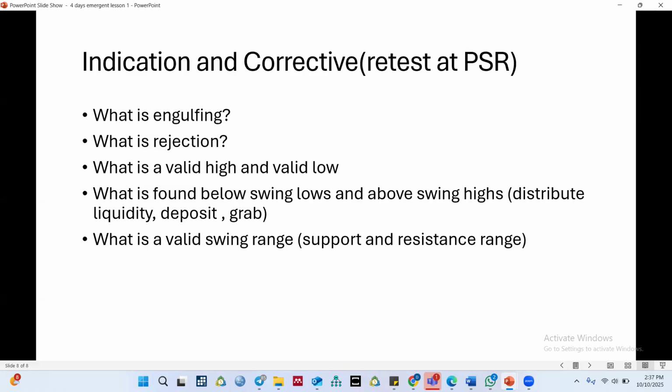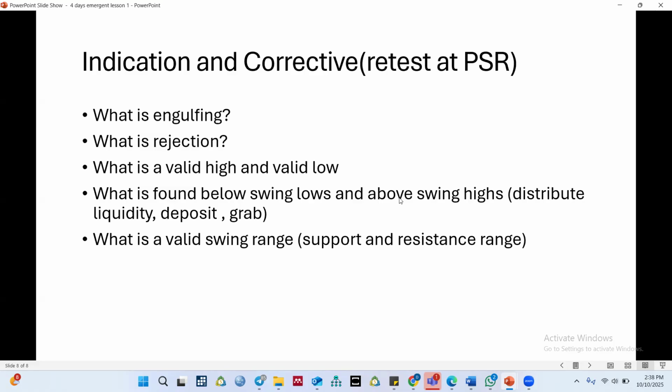Surrounding or capturing a region. Good. Who else has been able to check what engulfing or rejection mean in the dictionary? As Mr. Frank said, it means to surround a place or to cover completely or to sweep over.